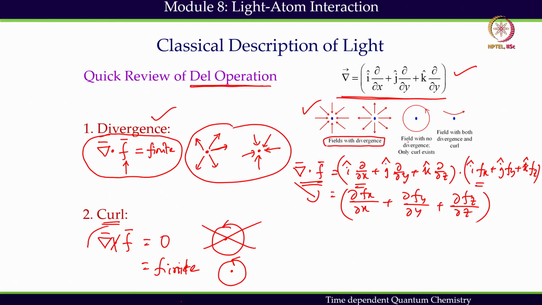A field with no divergence, only curl, is only rotating, not converging or diverging to a point. And a field with both divergence and curl, you see a tendency to converge to a point and then curl also exists. So by doing these two mathematical operations, one can directly find out the nature of the field or force I am looking for in the medium.